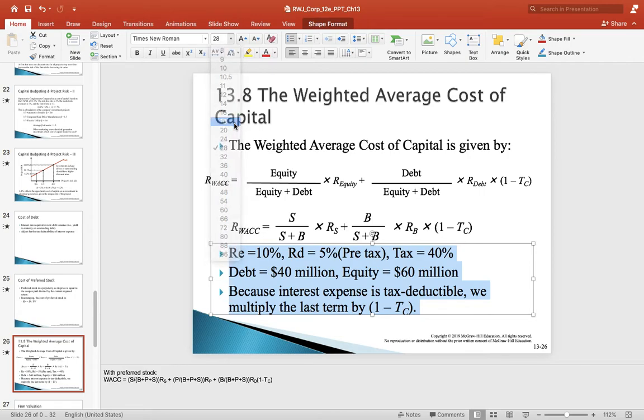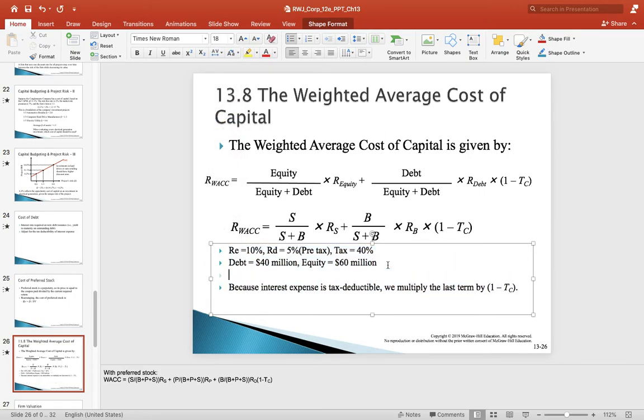Okay, now the R WACC is equal to 60 divided by 60 plus 40, whole multiplied with 10%, plus 40 divided by 60 plus 40, multiplied by 5% multiplied by 1 minus tax, 1 minus 40%.